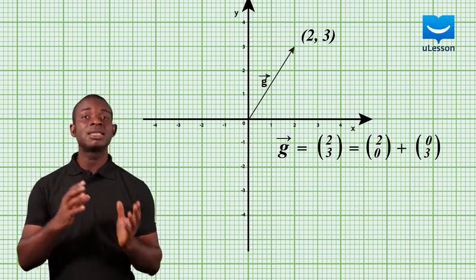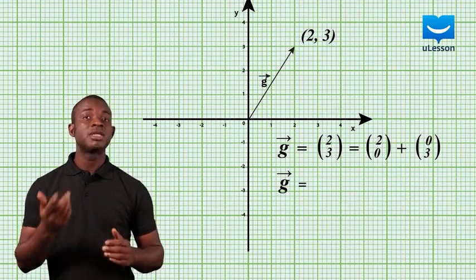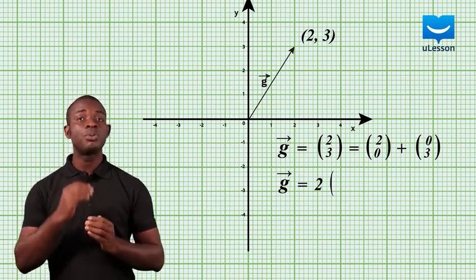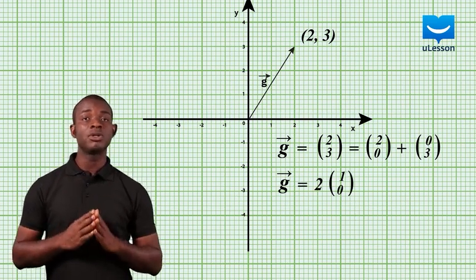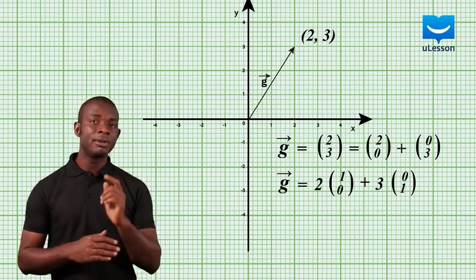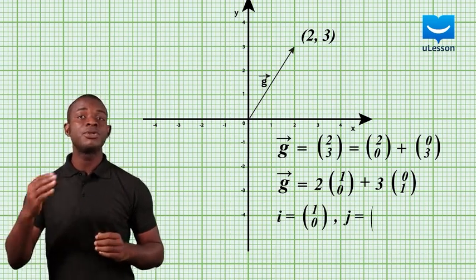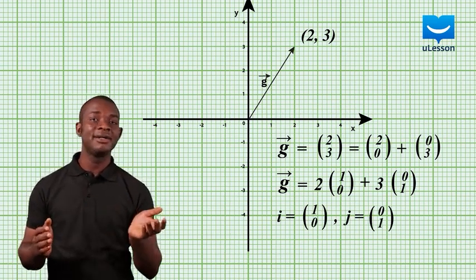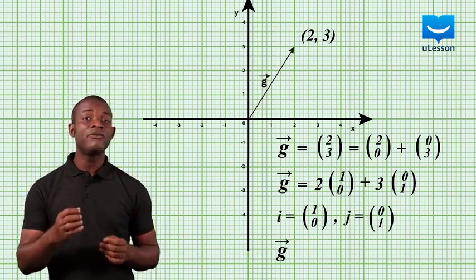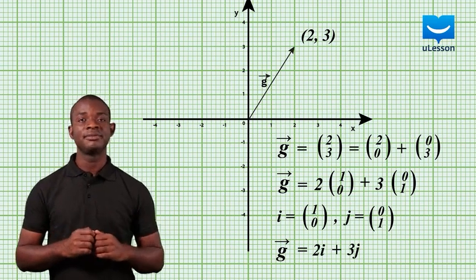If we bring the scalars out of the brackets, we have that the position vector G is equal to 2(1, 0) plus 3(0, 1). Now, the column vectors correspond to the base vectors i and j. Therefore, the position vector G is equal to 2i plus 3j.